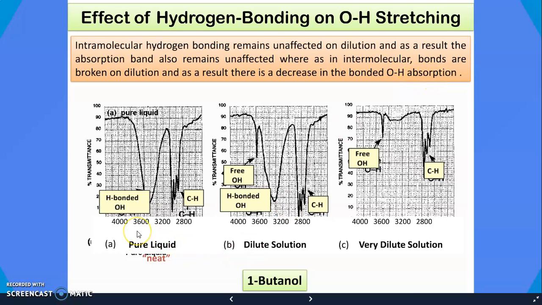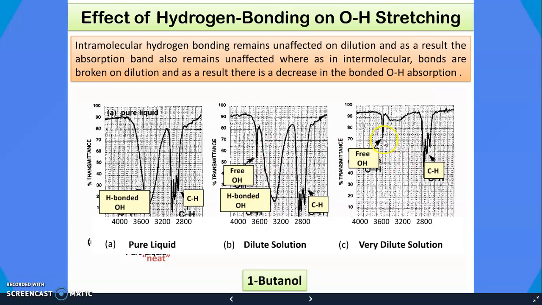In the pure liquid, which is concentrated, it shows a very broad peak, since OH intermolecular and intramolecular bonding is happening, so it has a large absorption over a wide percent transmittance area. Similarly, in the dilute solution the free alcohol shows a sharp peak, but if a bonded OH is present, like in acid, it will form a broad peak.